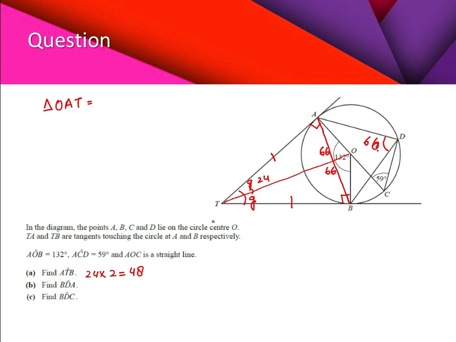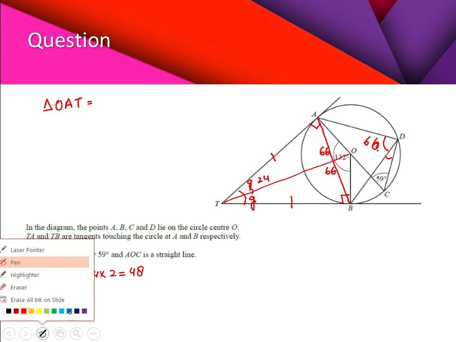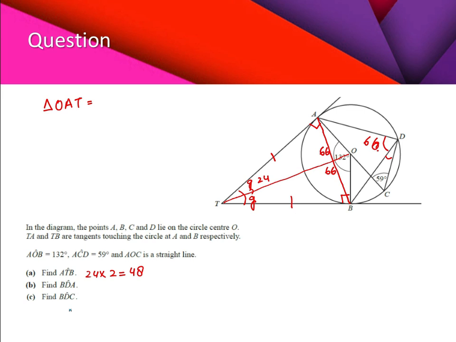Now the third angle is BDC. To find this angle BDC, we apply a property. We know that AOC is the diameter of the circle. Any point on the circumference will make a 90 degree angle with the diameter of the circle. So if we join these two lines, this angle is 90 degrees.